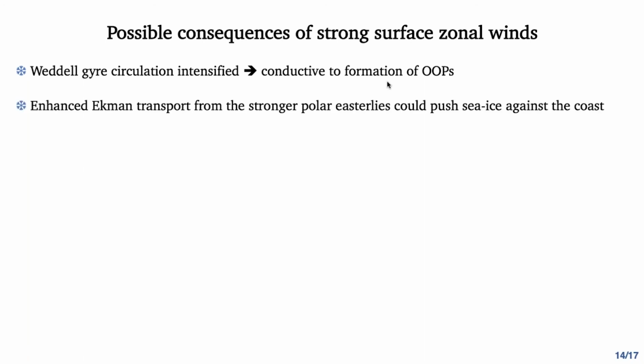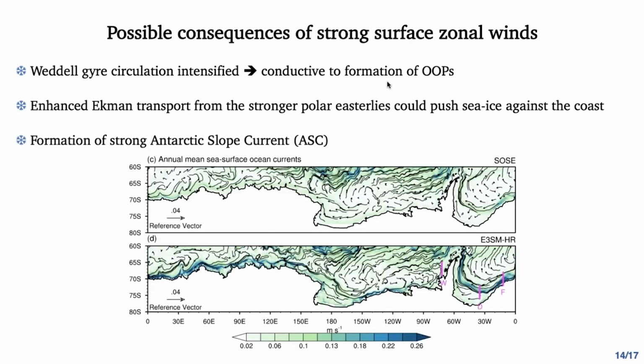There's also enhanced Ekman transport from the stronger polar easterlies that are closer to the coast. So this could push sea ice against the coast. And then there is also an Antarctic slope current that is stronger than SOSI.